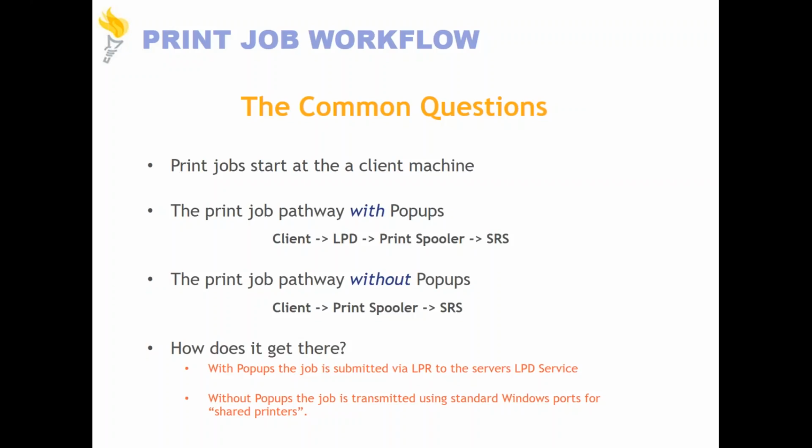We have our SRS, the Secure Release Service. In between those two pieces, there's what we call a port monitor. Without explaining all the details of the Windows print spooler, a port monitor is what's used to deliver a print job to an endpoint, I call it.